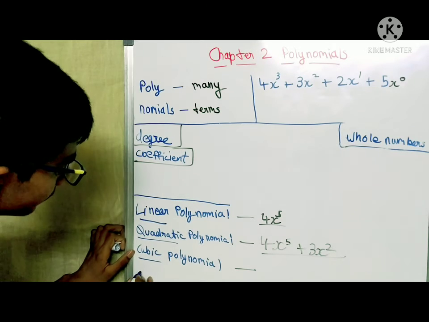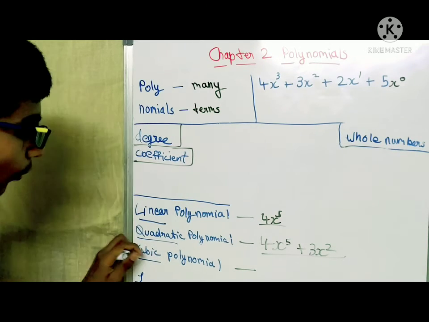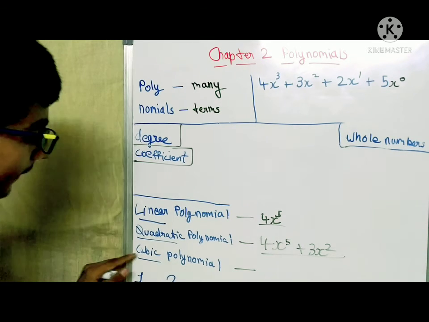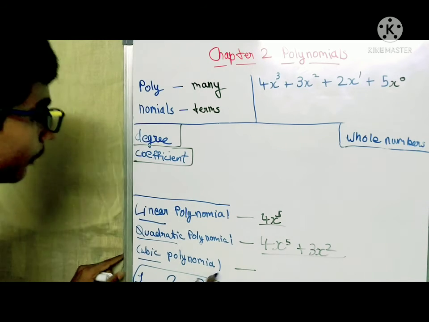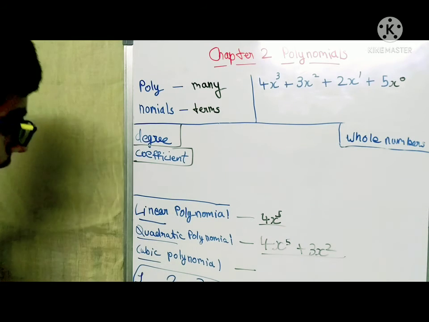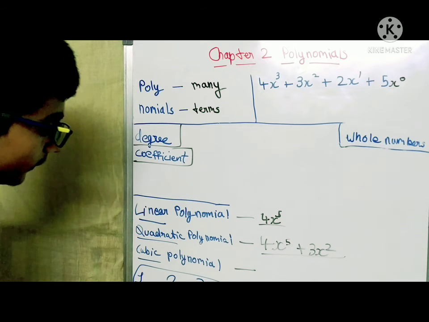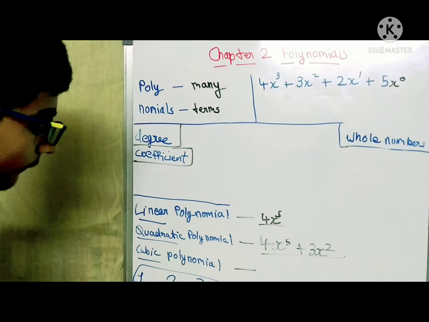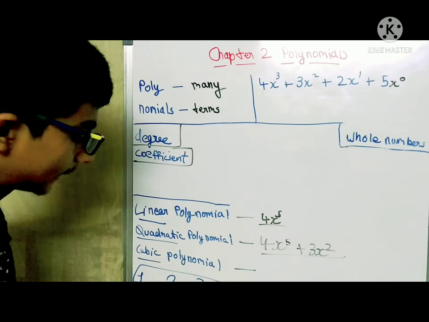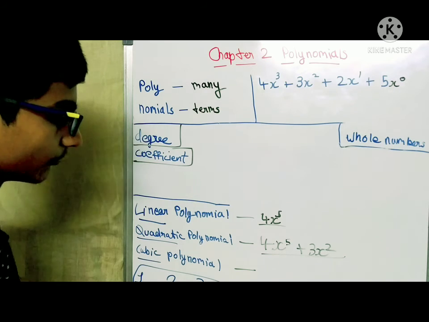So linear means 1, quadratic means 2, and cubic means 3. And polynomial is many terms. So a polynomial with one term will be linear. A polynomial with 2 terms will be quadratic, and a polynomial with 3 terms would be cubic.